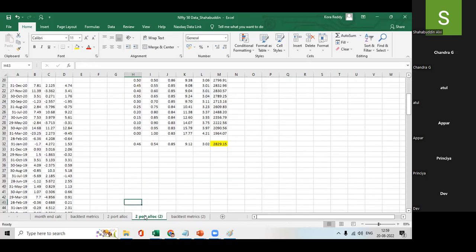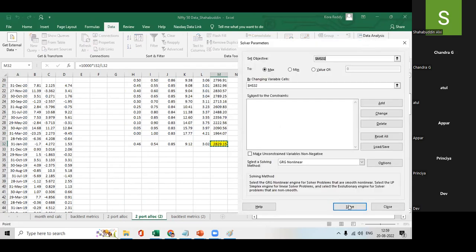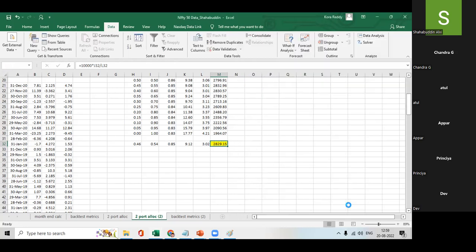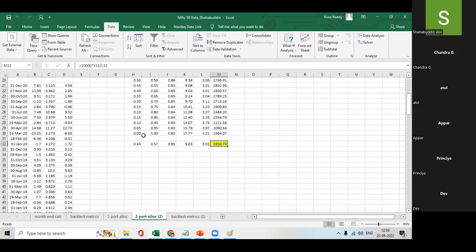So 46 and 54, just remember those two numbers. Not much change, right? It said 43 and 57. So that's not much change.